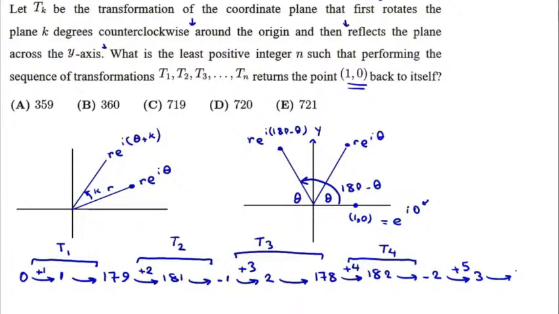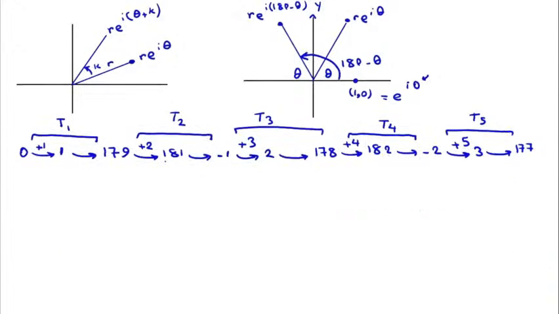It will be plus 177. It is T5. Now we should see what's the minimum number n such that Tn between them will reach 0. Okay, so T5, we consider plus 6, which will be 183, negative 3. It will be T6.